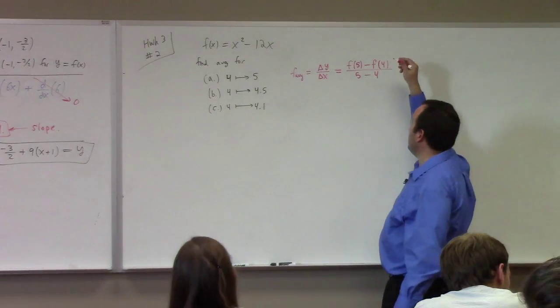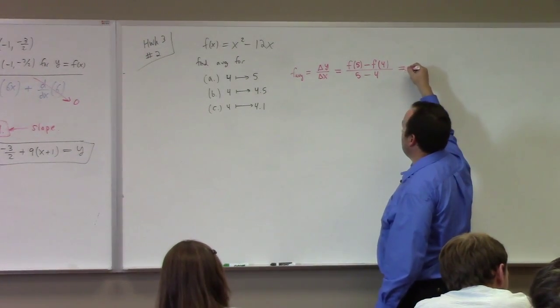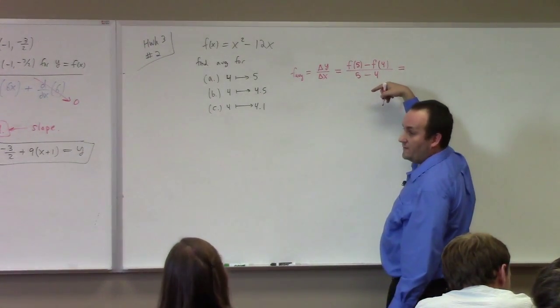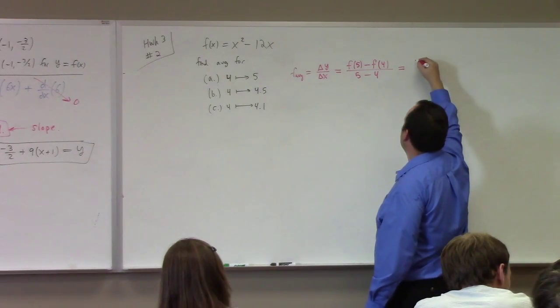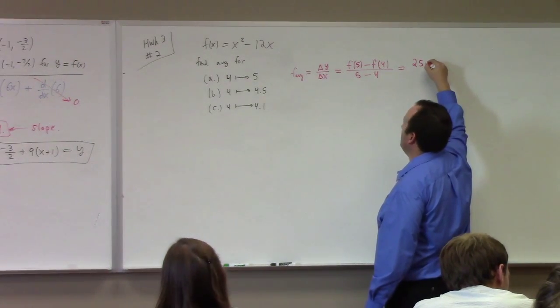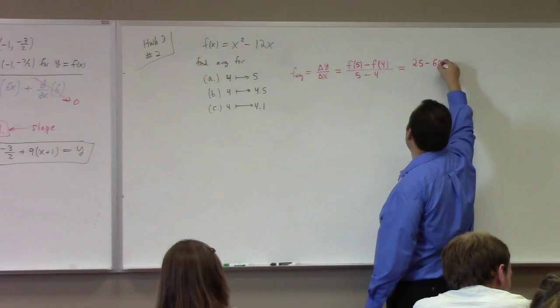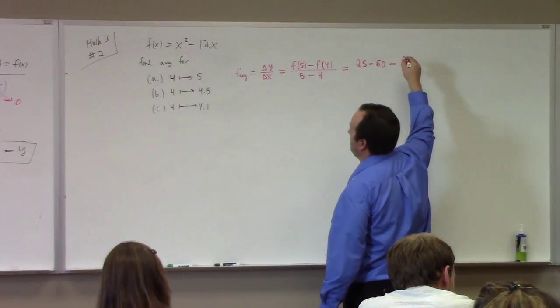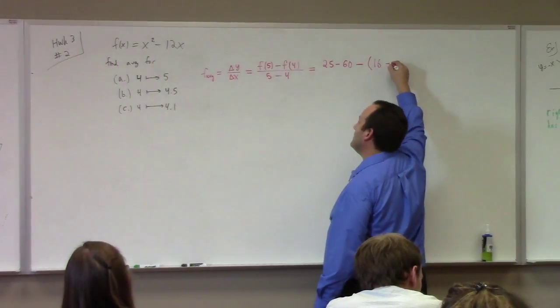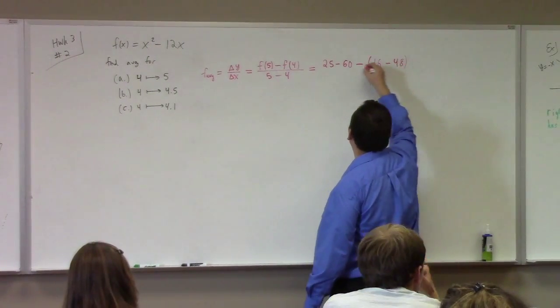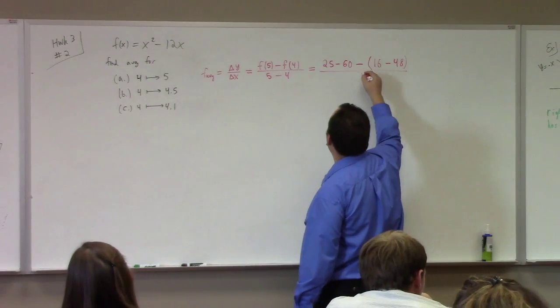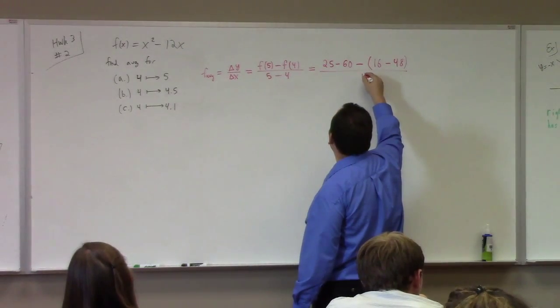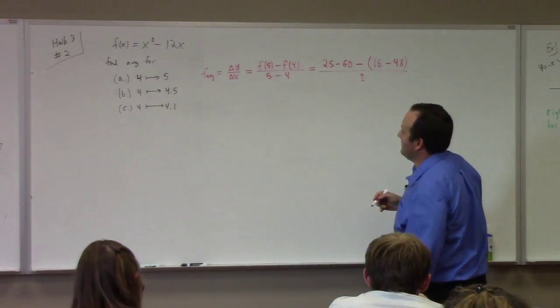I think you'll agree with me about that. The question, though, is what is f of 5 and what is f of 4? Well, f of 5 is 25 minus 12 times 5, which is 60. Minus, and then parentheses are your friend, f of 4 is 16 minus 48. 5 minus 4 is 1. The denominator was not as exciting.